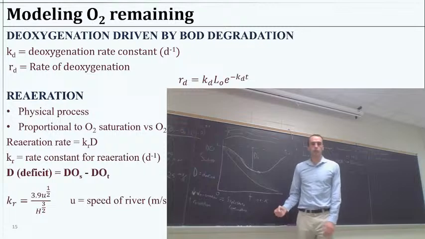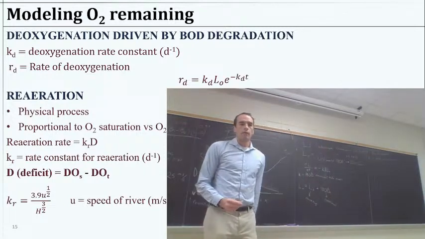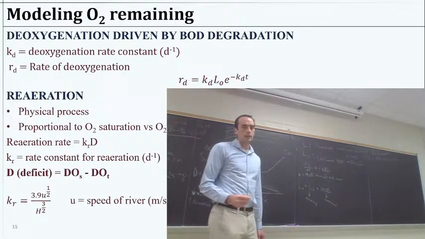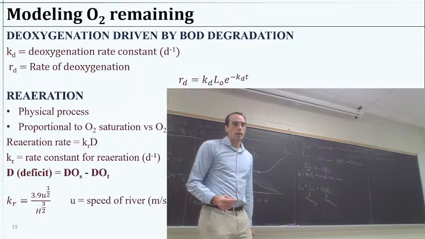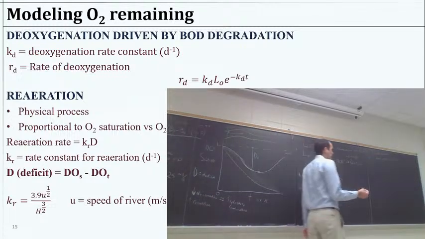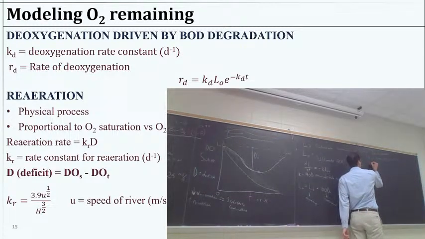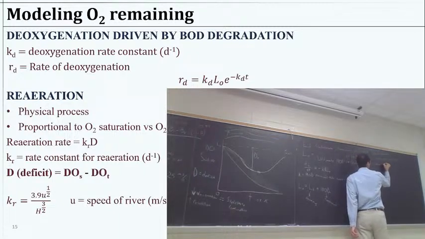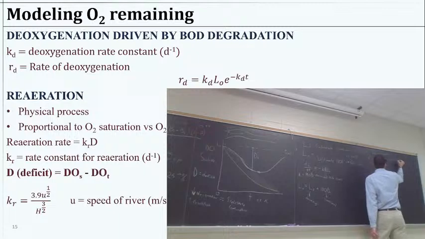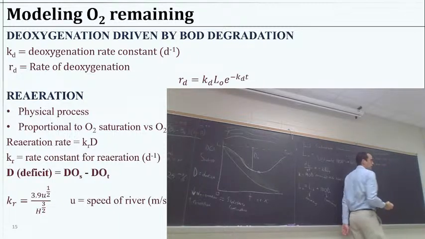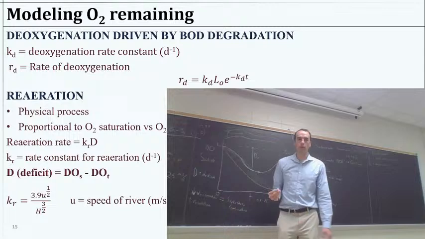In per time units, and usually that'd be per day. And we could define an overall rate then. So R of D, that would be our deoxygenation rate. And we can define an equation for that.